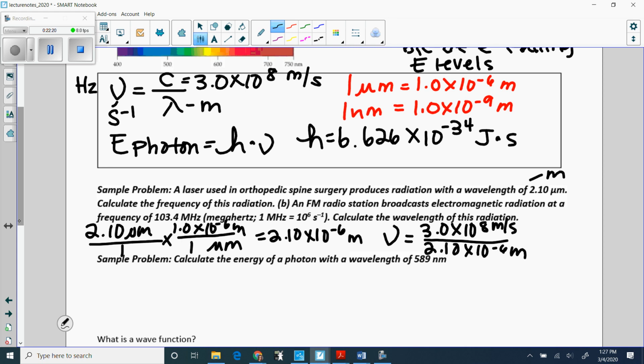That gives 1.43 times 10 to the 14th. Make sure you're using parentheses if you're not using the E button. And the unit is s to the negative 1, because meters on top cancels meters on bottom.